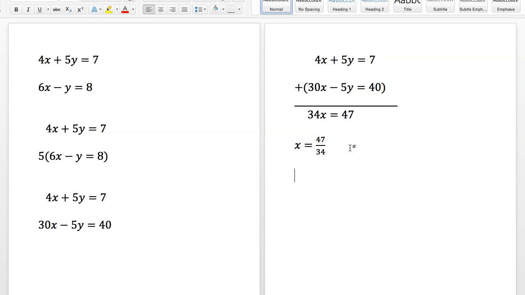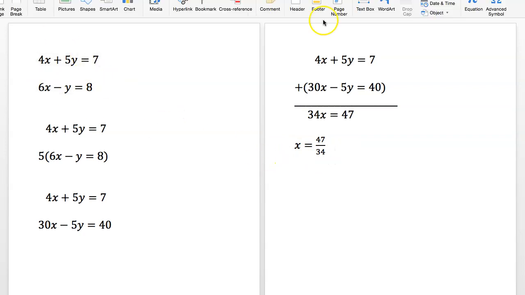Now, finding our y is easy. Once you have your x, you just plug x back in and find y. We could use either one of the originals. I'm going to pick on the second one, but you could use the first one just as well.